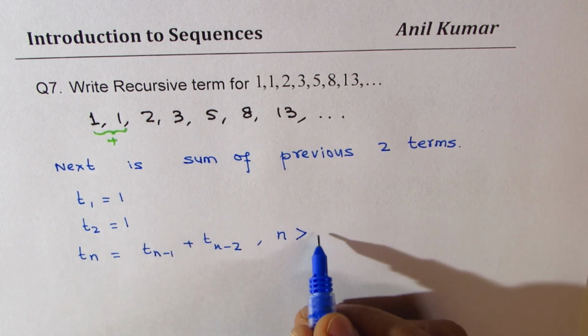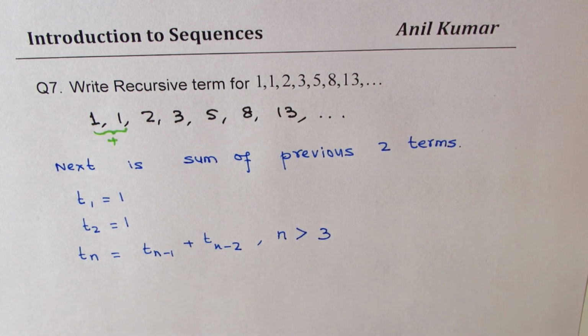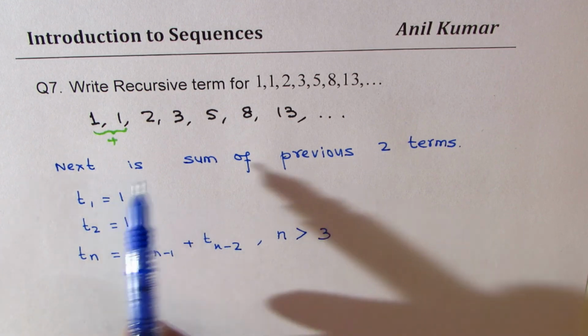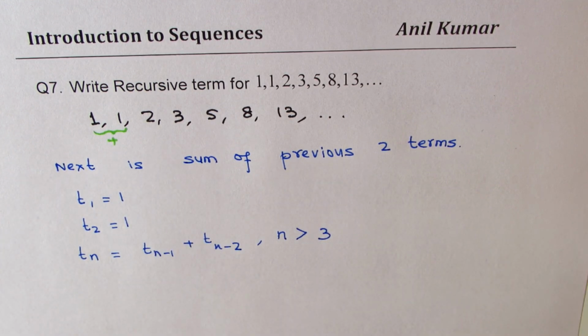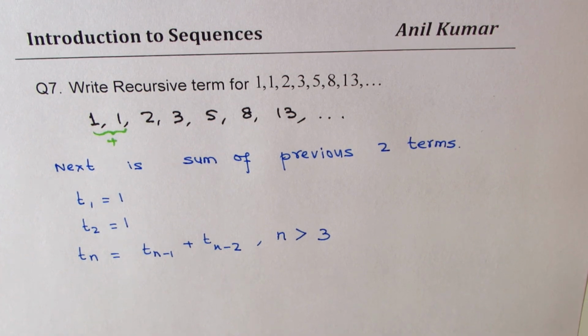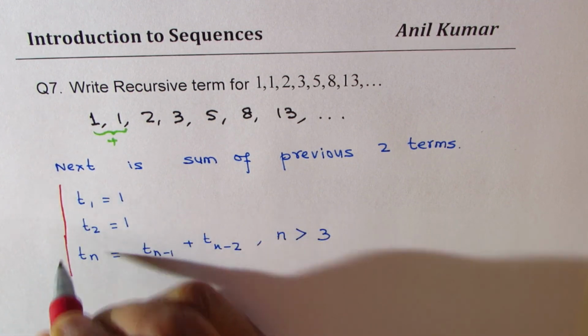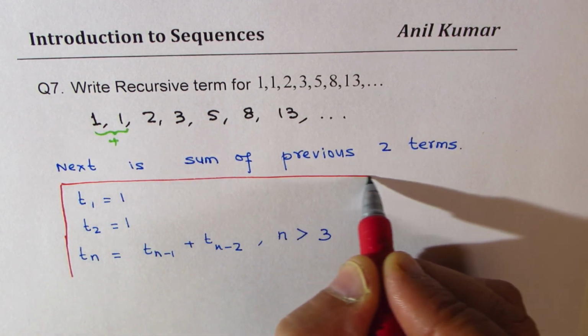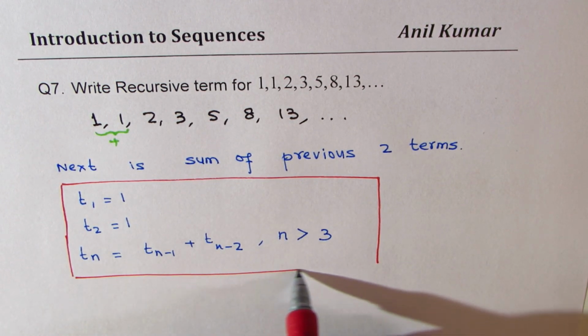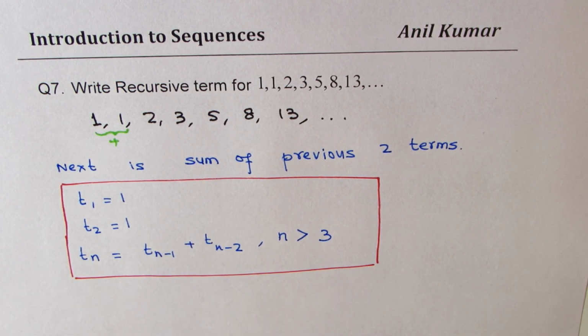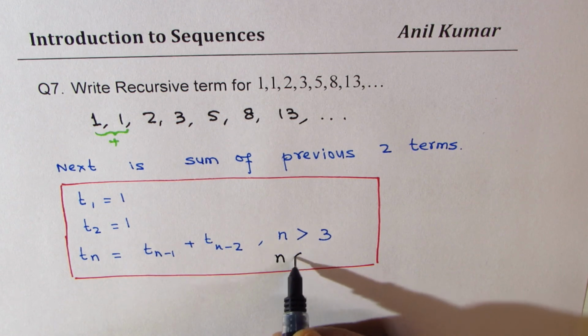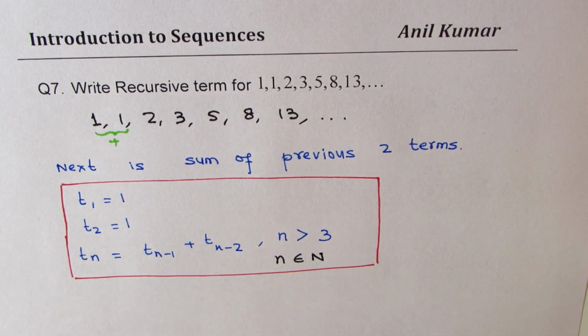We know two terms, n is greater than 3. Do you see that? So we get the third term, fourth term, and so on as sum of previous two terms. So that is how this interesting series can be written as a recursive formula, right? So recursive formula will include all three. And as you know, n for us belongs to set of natural numbers, right?